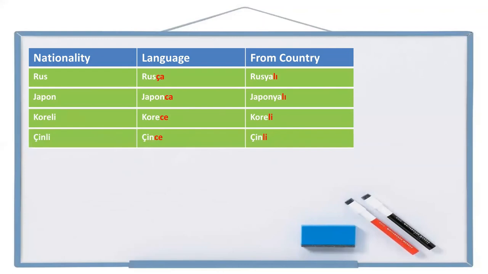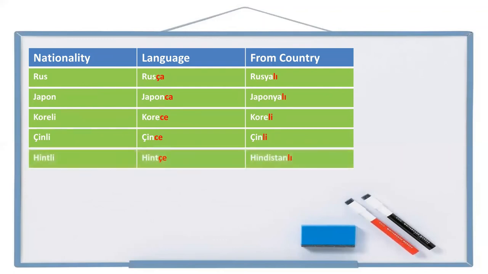Another one. Chinese in Turkish as a nationality is Çinli. The language Chinese is Çince, and the country China is Çin. From that country, Çinli. Another similar one. Indian as the nationality is Hintli. The language Indian is Hintçe, and the country India is Hindistan.